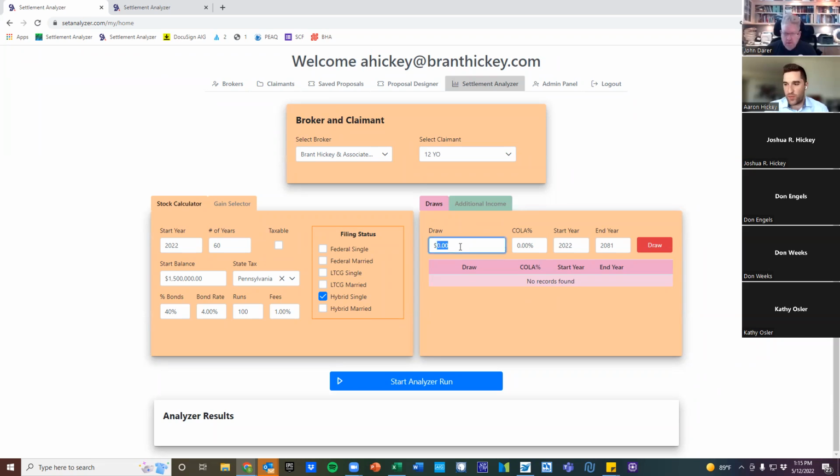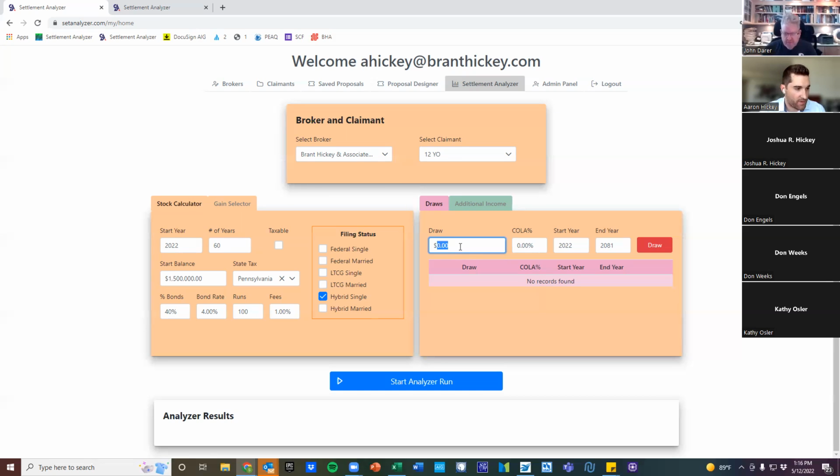Coming to the second orange box here, we have two tabs, draws and our additional income tab. In this scenario, we're going to look strictly at draws. So the draw in this case is what our annuity is guaranteed to pay year after year for the life of this person. So earlier today, I went on a company software.